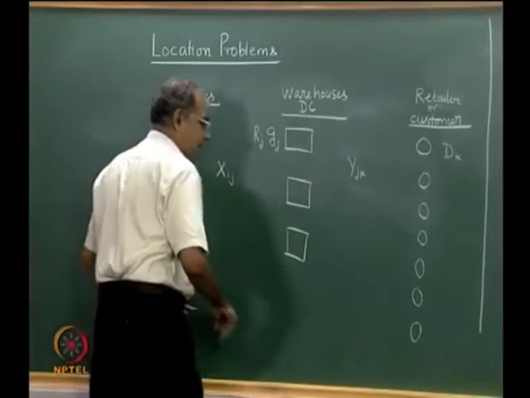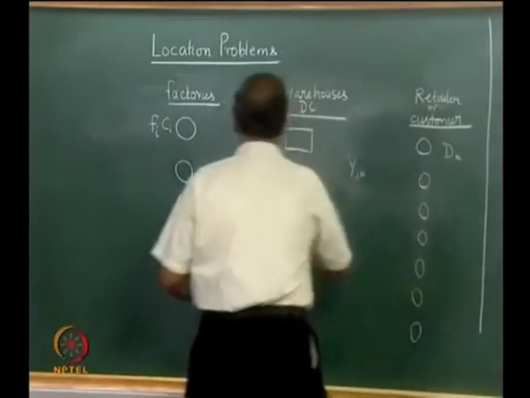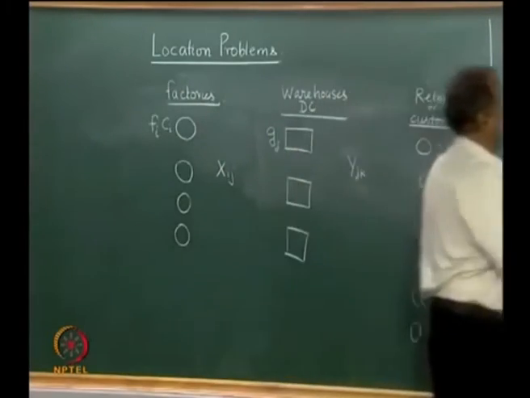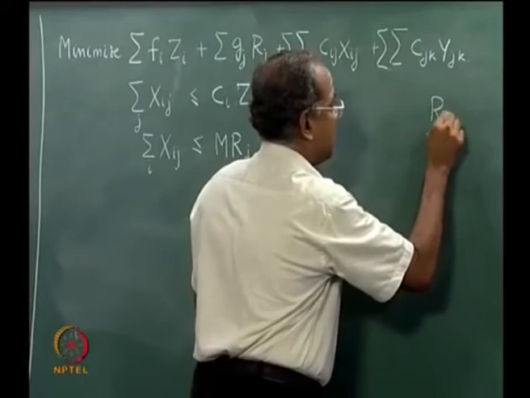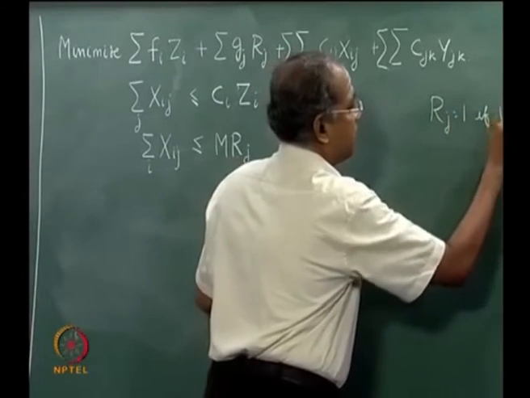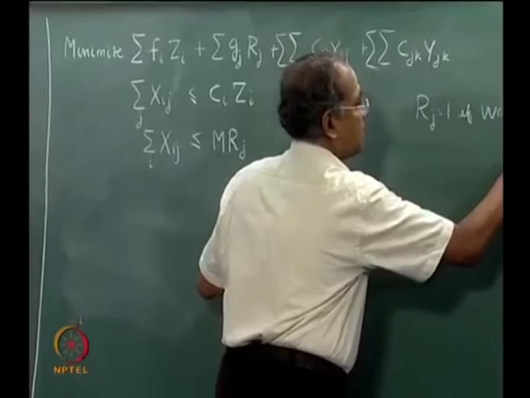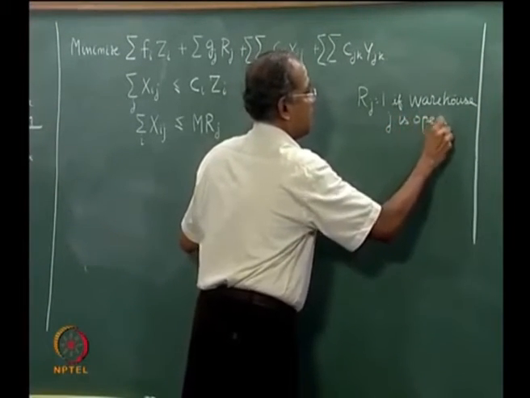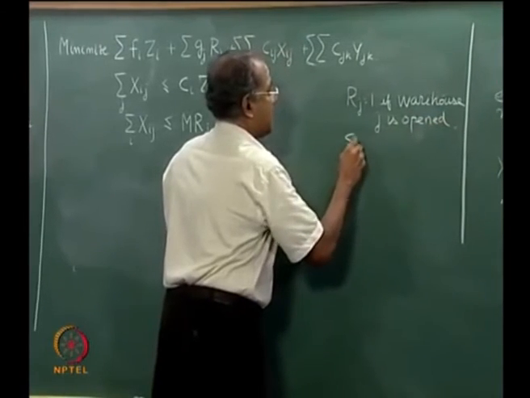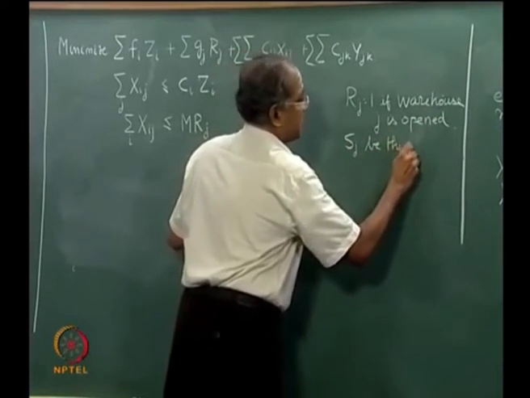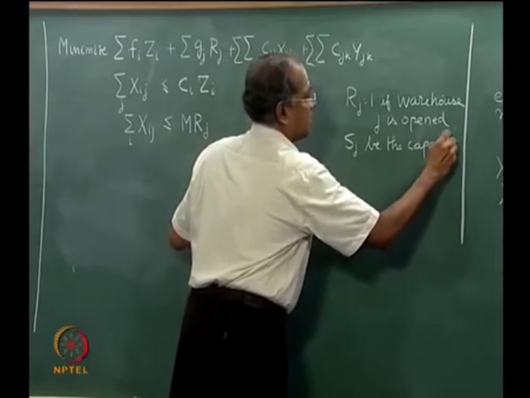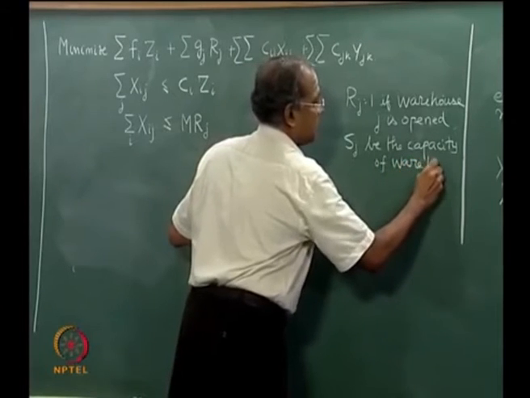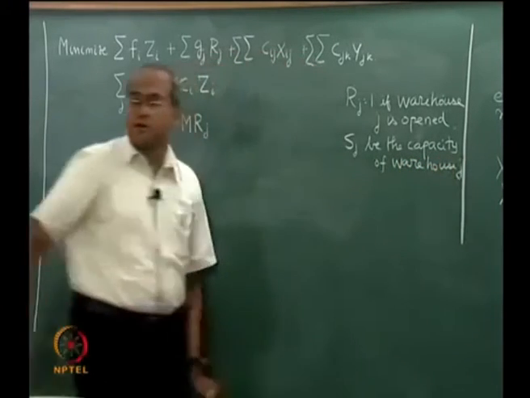Now, I had defined here, Rj is a variable. Now, let me write Rj equal to 1 if warehouse j is opened, and let Sj be the capacity of warehouse j.